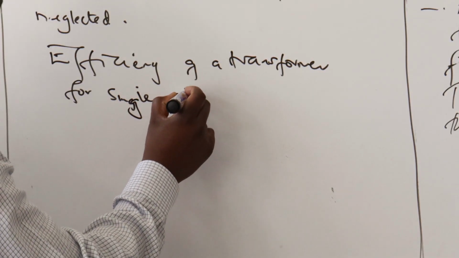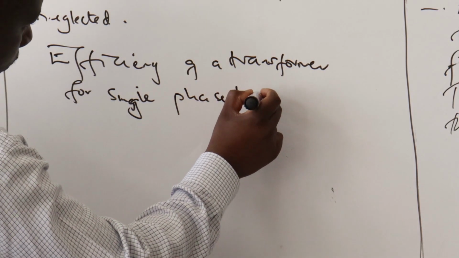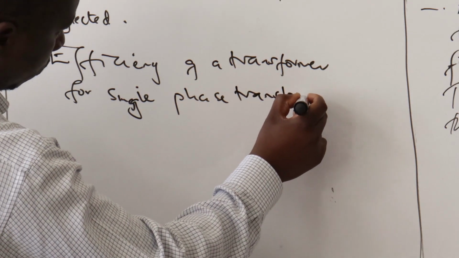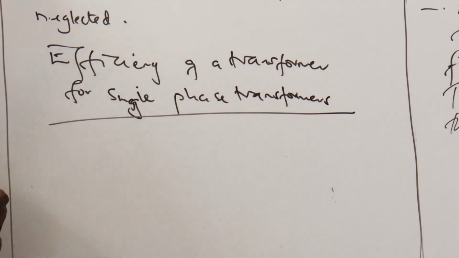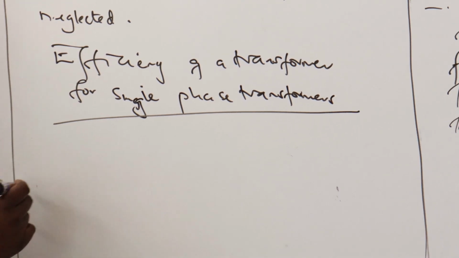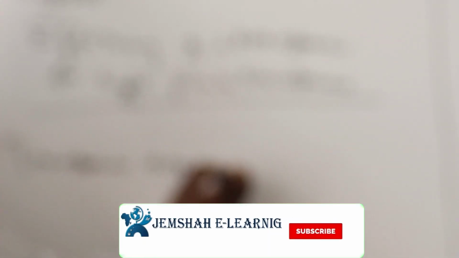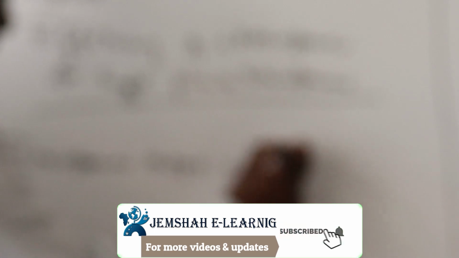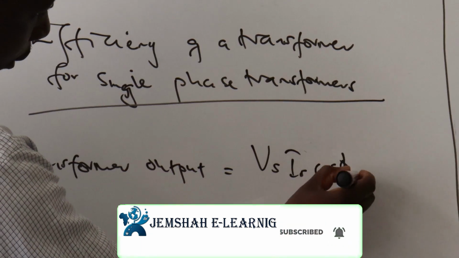For single phase transformers, we know that the transformer output is supposed to be given by VS IS cos of phi.